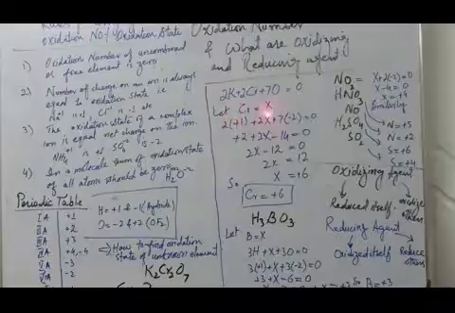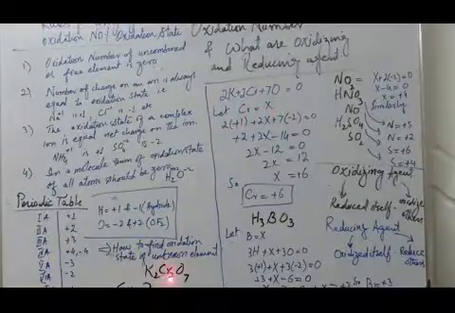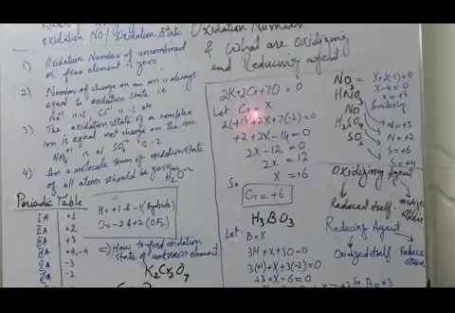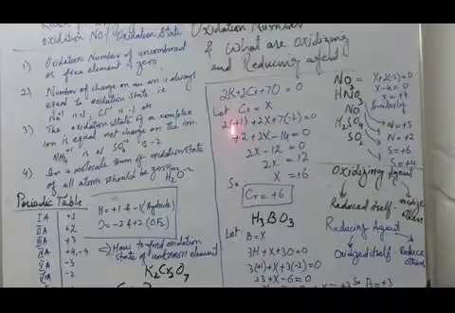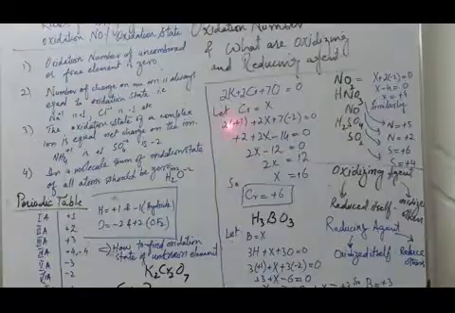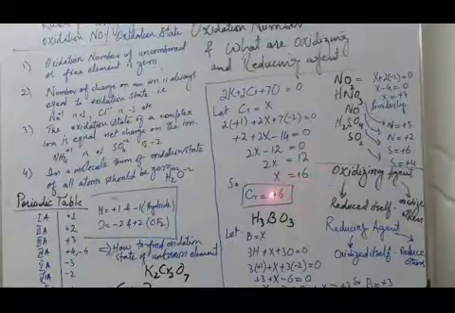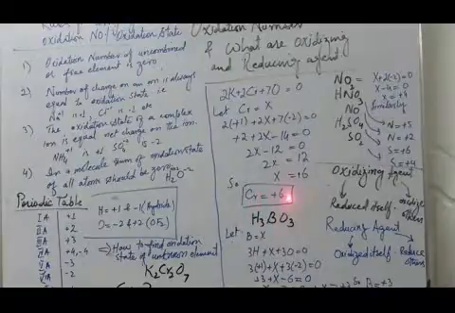Now suppose the element whose oxidation state has to be found, chromium, is X. Put the oxidation states of the elements in the equation and solve it. Here X is obtained, that is +6, so the chromium oxidation state is +6.